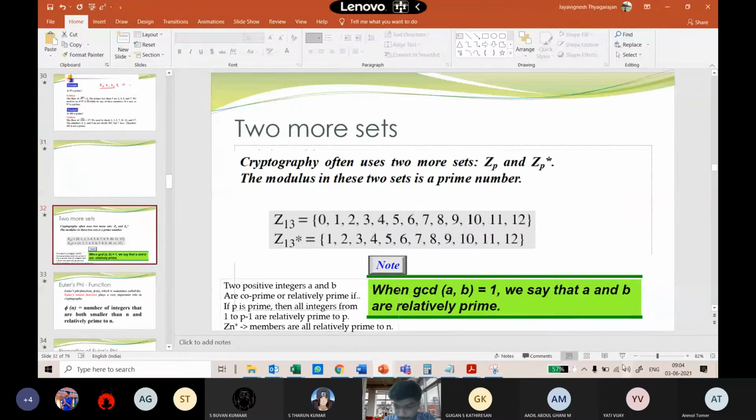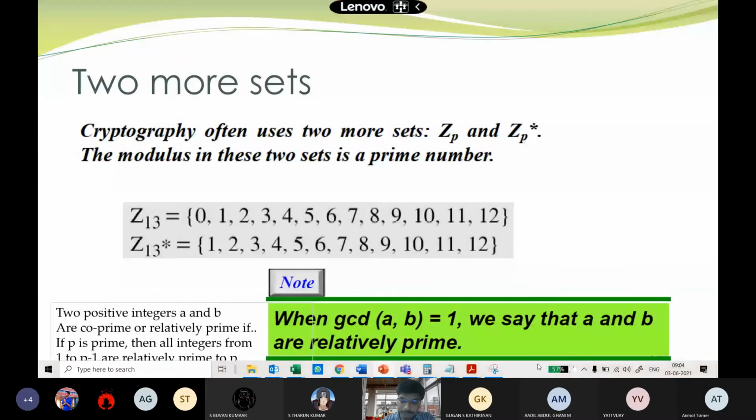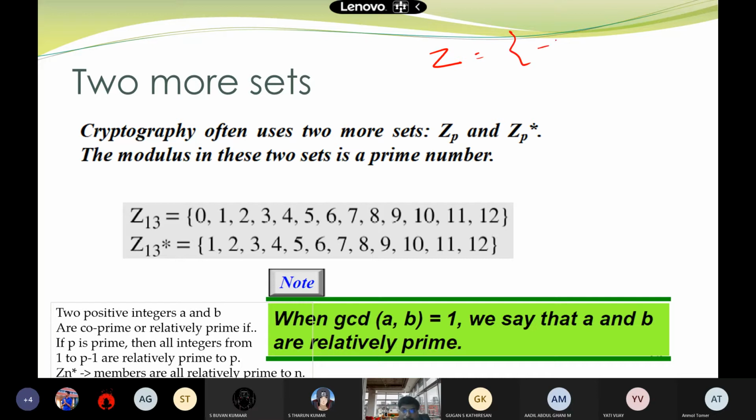I hope you remember that I was talking about some set, right? So we're going to deal with integers. I said let's use the domain or set called Z, right? And with that Z here we were not just dealing with negative or positive integers, but we are now going to play with modulus, this Zn.